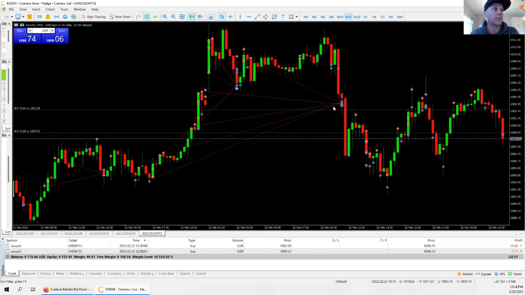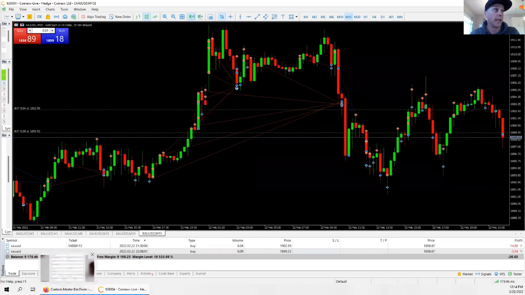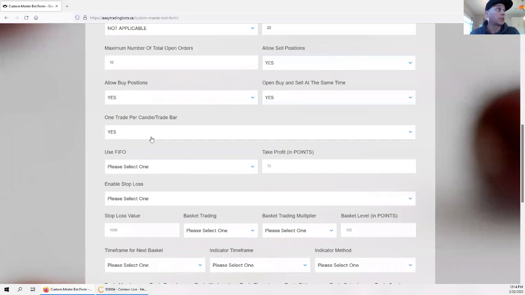So for instance, let's say it took this order way over here, and it got the 2nd order right here when this green candle opened, because it's not going to open more than 1 order per candle. That's based on the chart that you're trading on, right? So 1 per candle, yes.